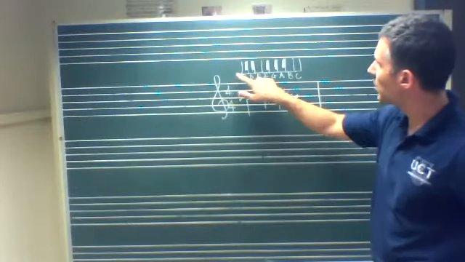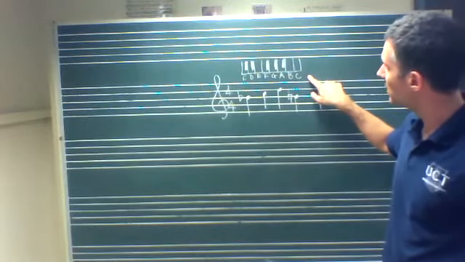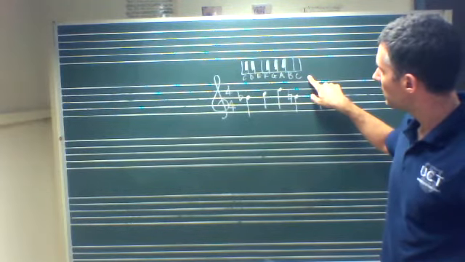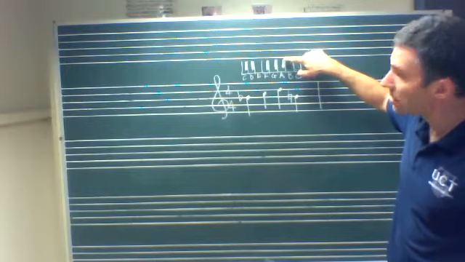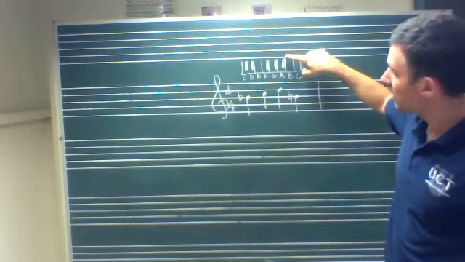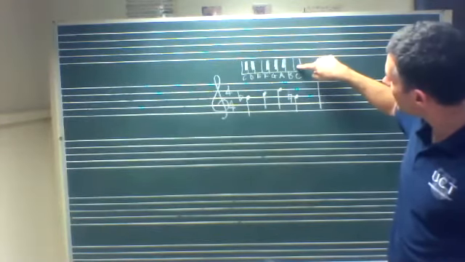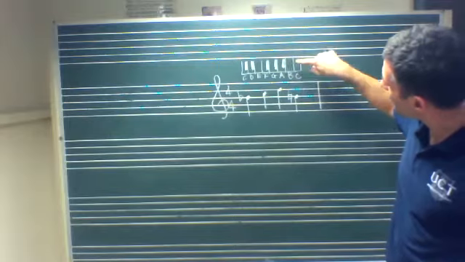So what it means is if we look at this piano keyboard here, there's B, but it's telling us to play B flat. So it's the black note. Then we have to play C. We go from that note to that note.